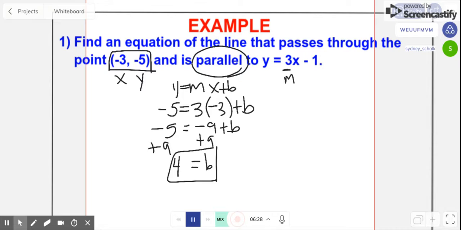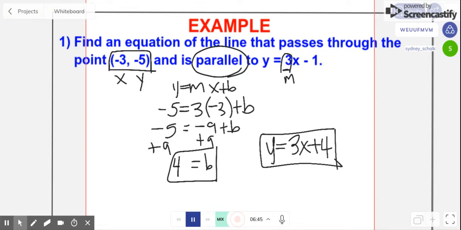That is my y-intercept of my new equation for my parallel line. So I have my slope, which stays the same since it's parallel, and my final equation is y equals 3x plus 4, my new y-intercept. That is the equation of the line that passes through this point and is parallel to y equals 3x minus 1.